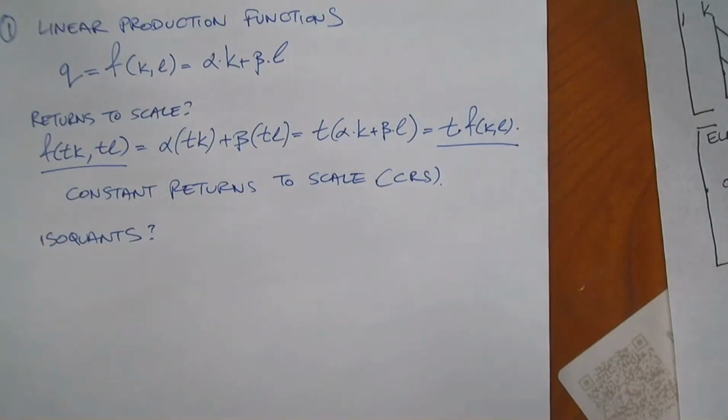So typically, when we want to draw the isoquants in the two-input case, you think about the space in which the isoquants live. The isoquants live in a space that we have called the KL space, the capital-labor space. So if you draw that, capital is on the horizontal line, and labor is on the vertical.